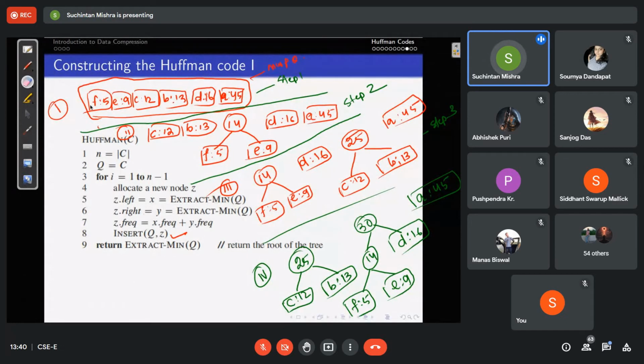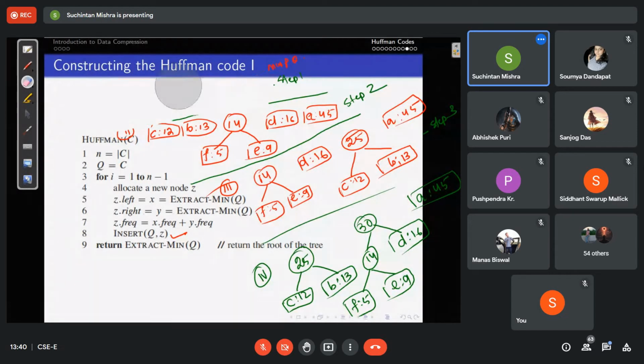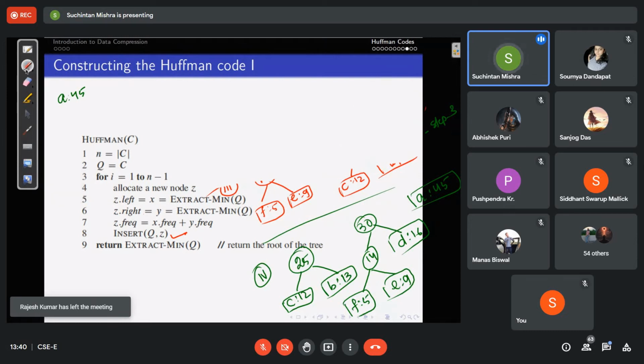Let us go to iteration 5. Now in iteration 5, this is the queue that we have. Now 25 and 30 will be combined. So A45 stays, and the second node will be 25 plus 30, which is 55. 55's left child will be 25. 55's right child will be 30.